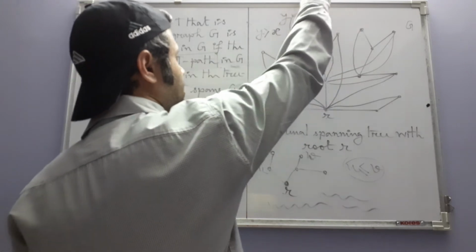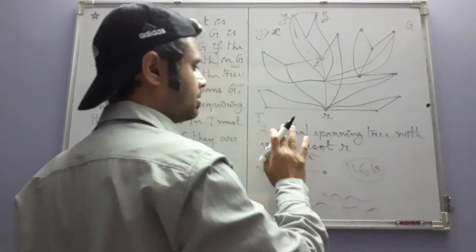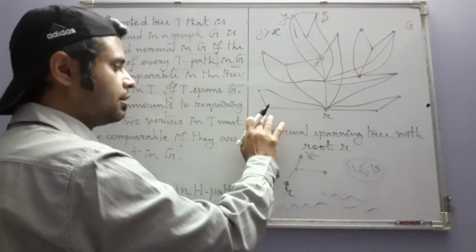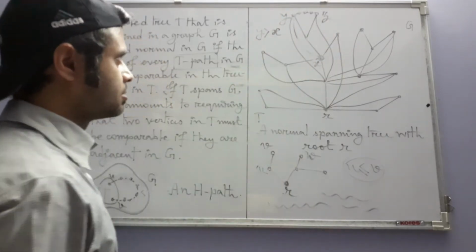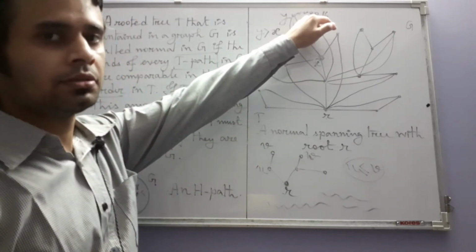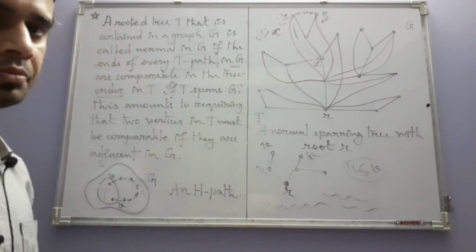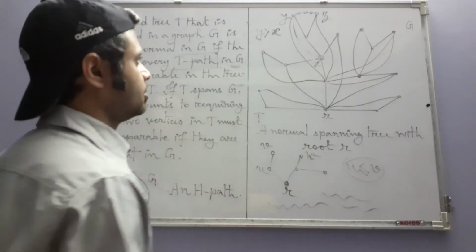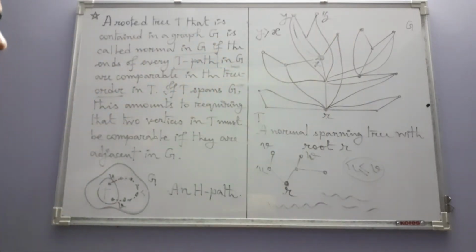So if such a linkage is found in G, and if this G is something bigger, a bigger graph in which T is not a spanning tree, say we had extra vertices like this, and you found a link like this, then that link would give you a T path. However, its ends are not comparable. So that can create a problem. In this graph, we don't see such things. Such links are not present here.